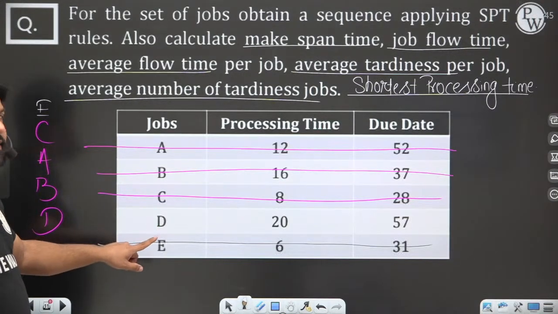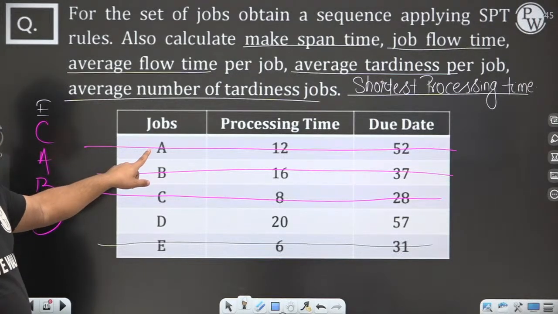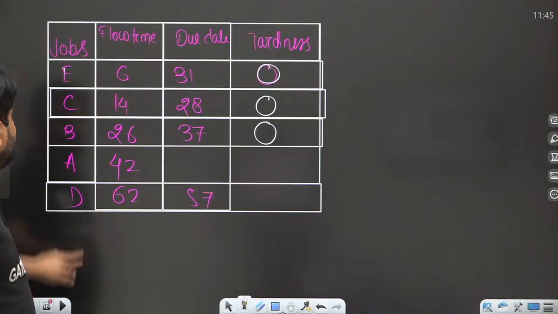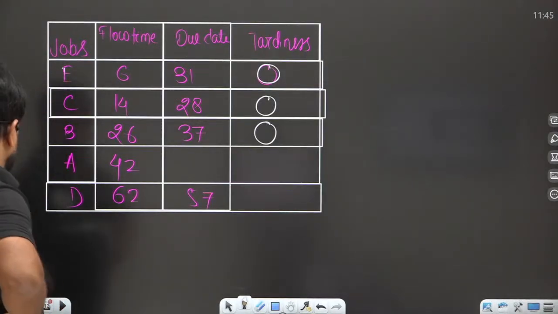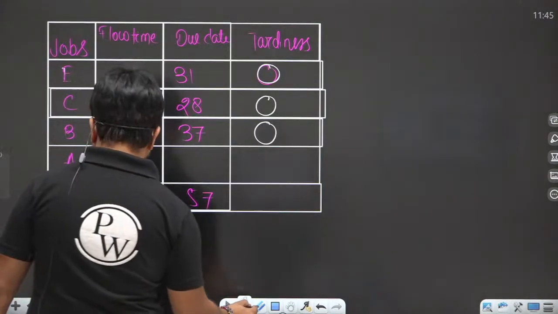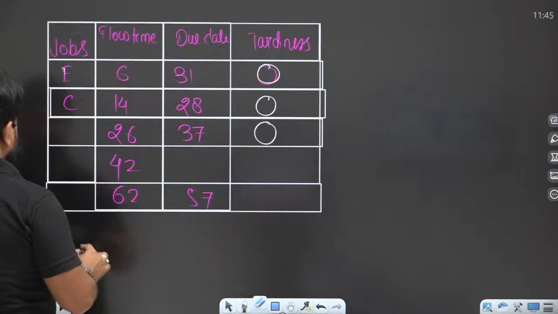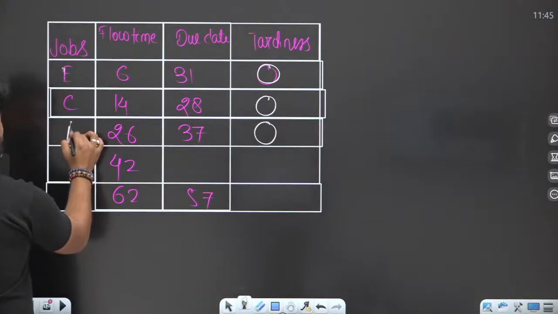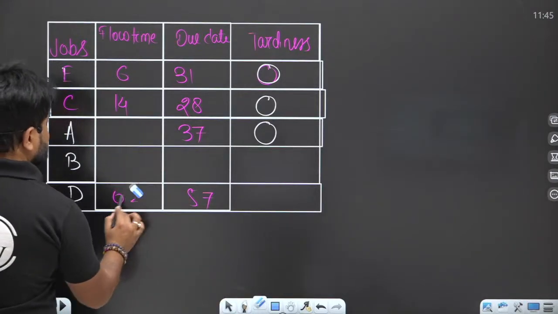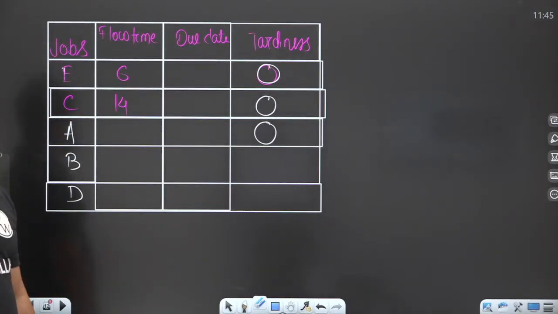Due date of C, that is 28. And due date of A, that is 52. Oh ho, ECBD. I did the ECA. Here it comes E, C, A, B and D. Yes, ECABD, right? It was ECABD.